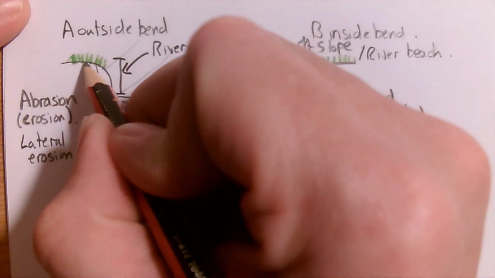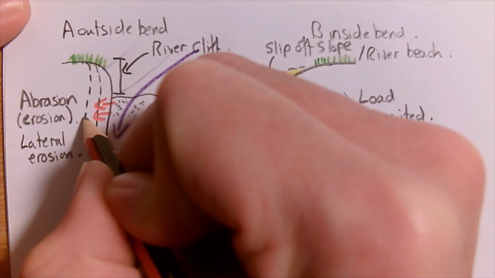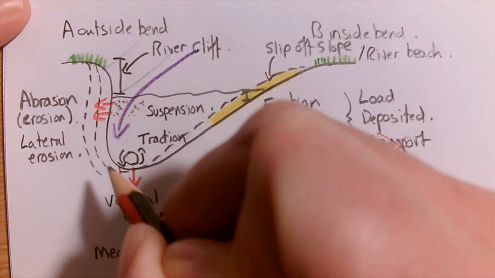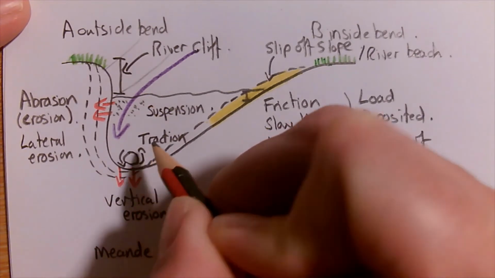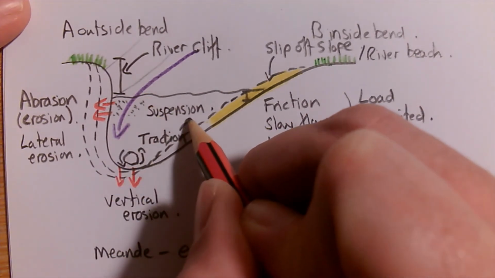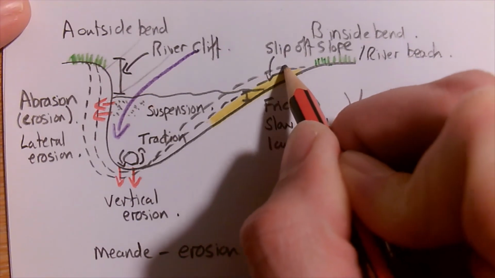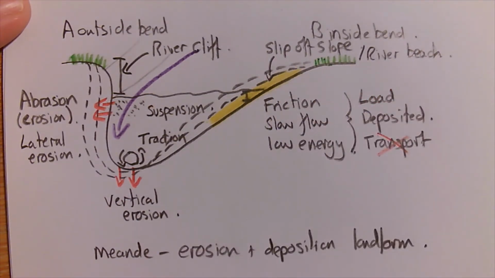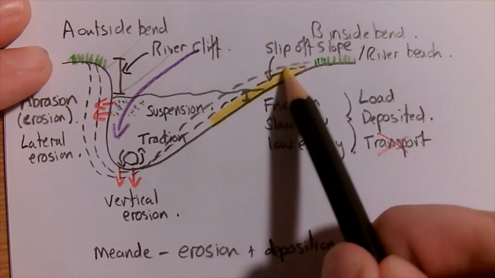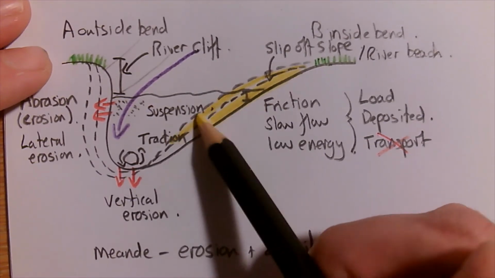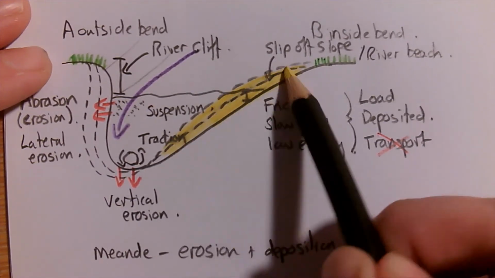We can repeat that process, and it does, so that the outer bank moves even further to the left, more deposition occurs, and the inside bank, through deposition and the building of this slip-off slope, moves even further to the left as well.